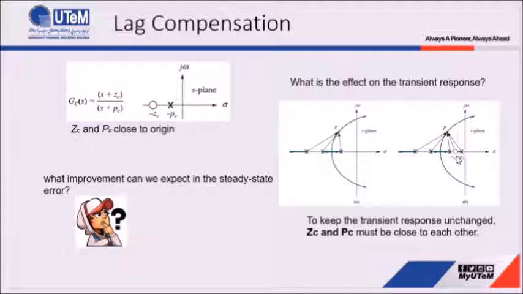When k is increased, this pole and this zero cancel each other. The location of the poles with this controller looks the same as before we put the controller. This is how we retain the performance in terms of transient response.